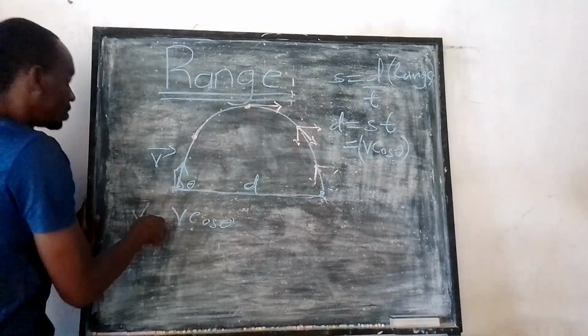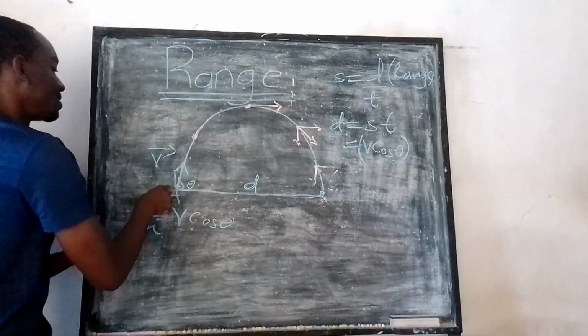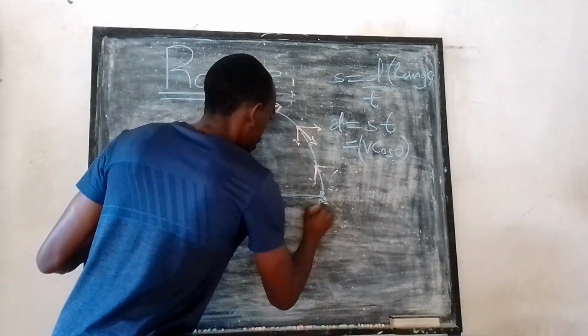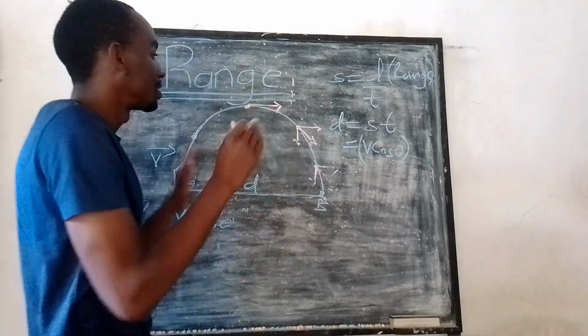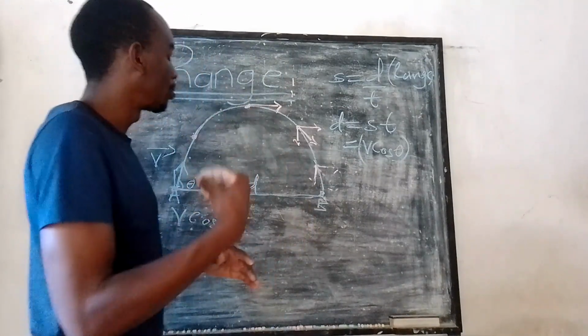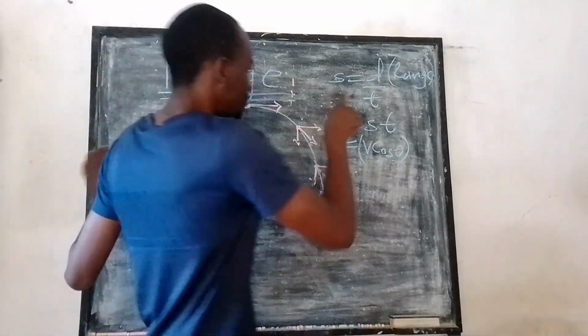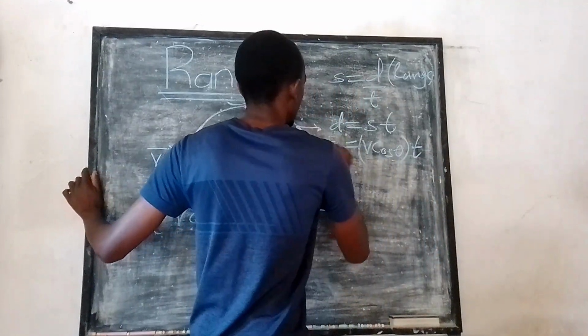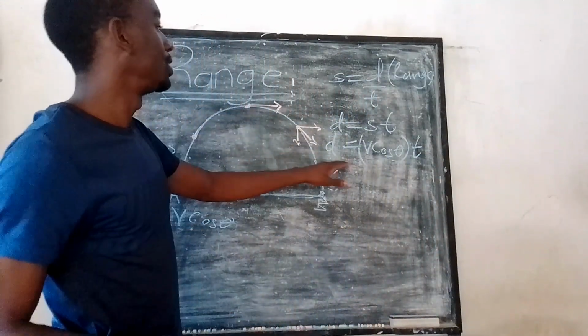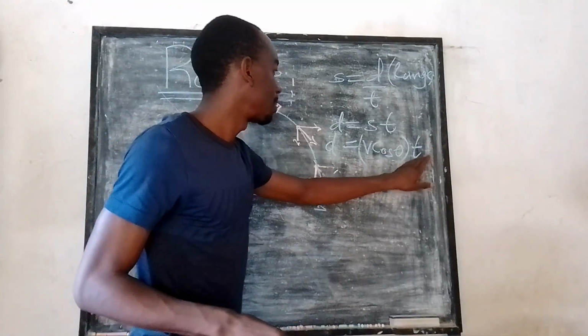The time the projectile took to move from point A up to point B. We looked at this, guys. I'm not repeating the calculations of the time of flight. We looked at this. Watch the previous videos if you didn't see them. We'll multiply by the time of flight. And you get your range. Your range is equal to v cos theta multiplied by time.